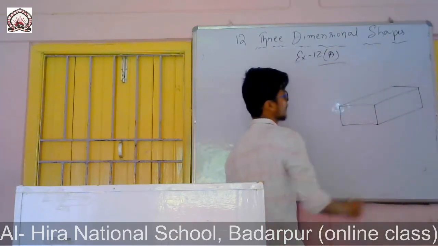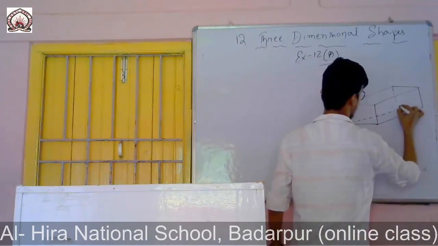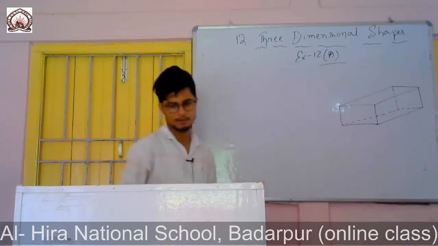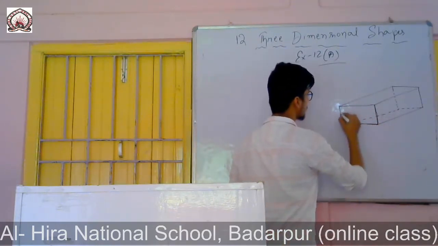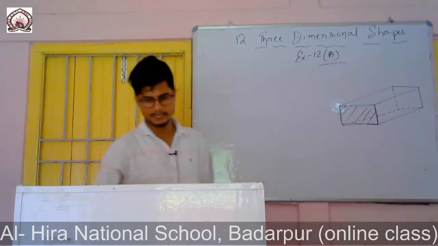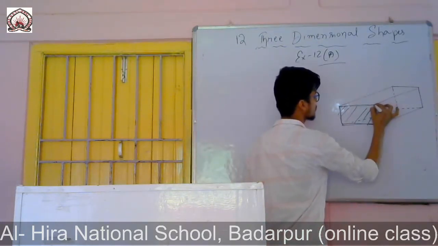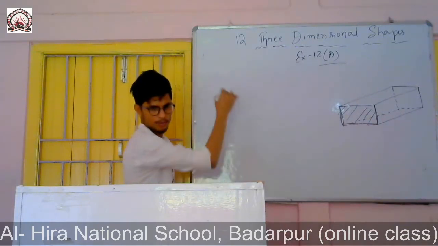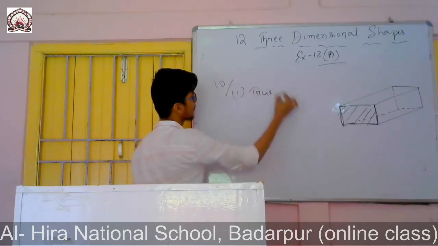So the question is that each face, if this is a face, this one is a face, then this question is given like this, that each face has 4 edges. So how many edges does it have? You count. 1 edge, 2 edge, 3 and 4. That means it is correct. So question number 10, 1 answer is true.